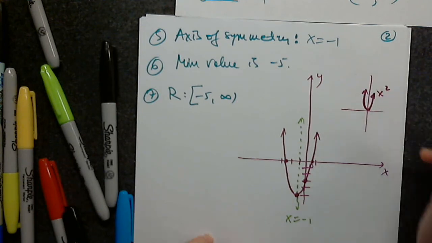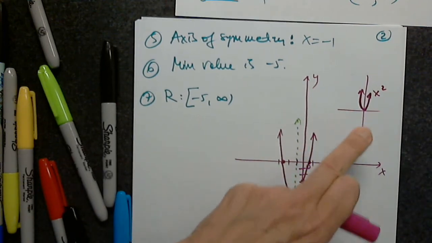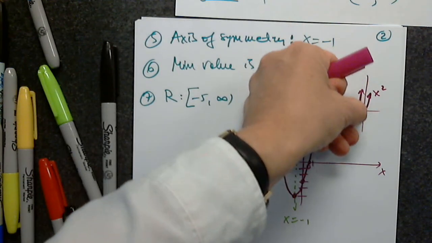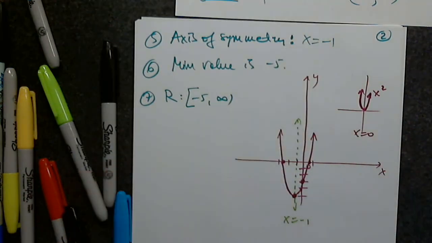So this is x squared. X squared is symmetric with respect to the y-axis, so it's an even function. And it also happens to have the axis of symmetry x equals 0. But that's a different story. Here we are only saying that this function is symmetric with respect to its own axis of symmetry. Is this better? Very good.